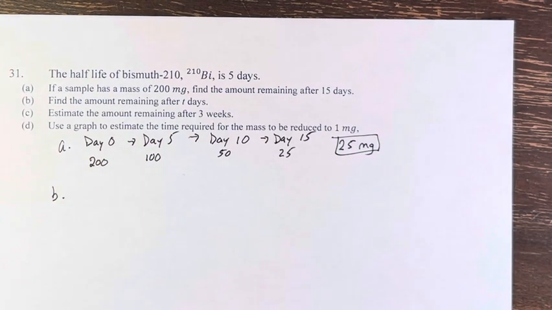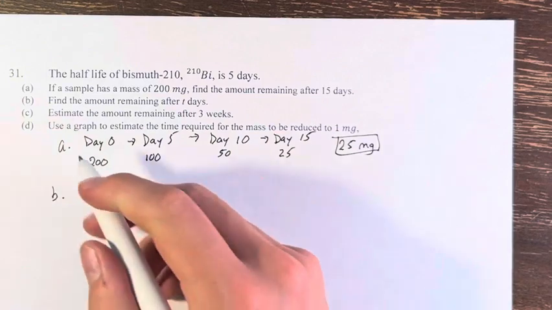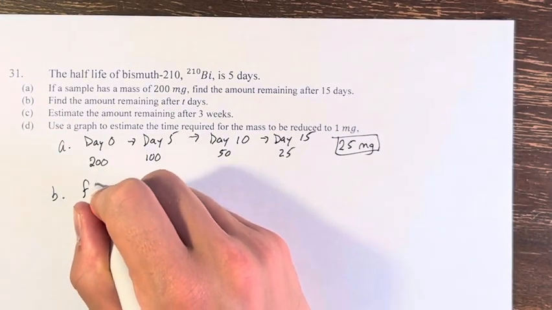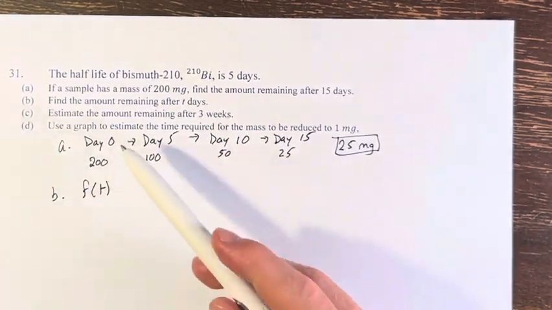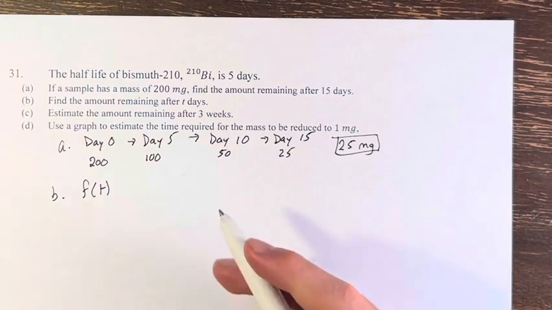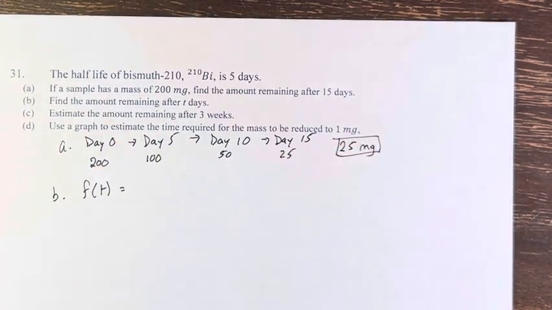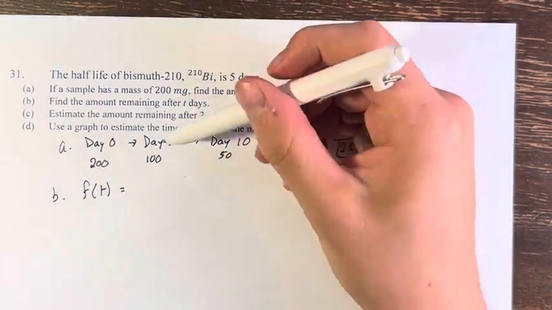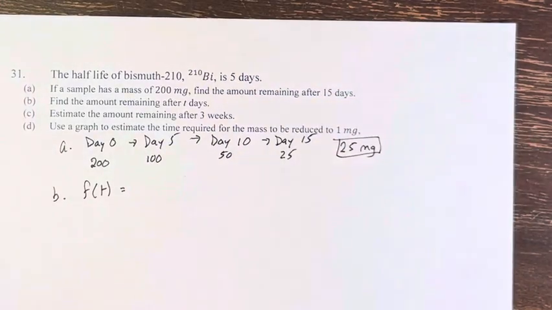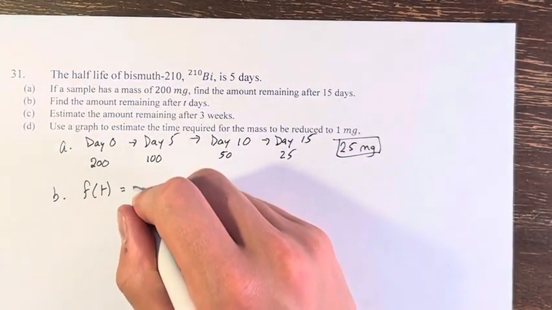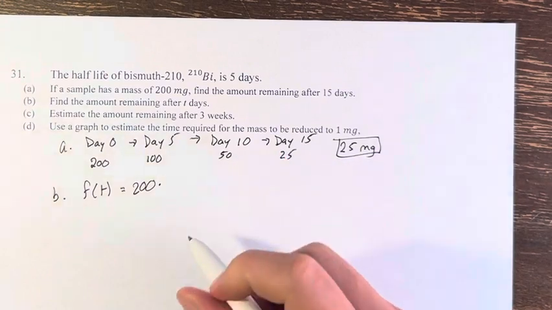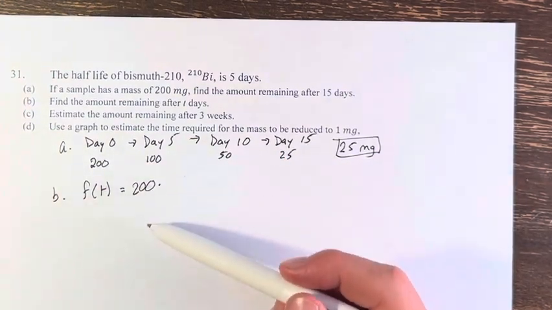So we say, okay, this function, f of t, tracks the amount remaining after t days. The structure for an exponential function is you take the original amount, 200, and you multiply it by the rate of change, right?